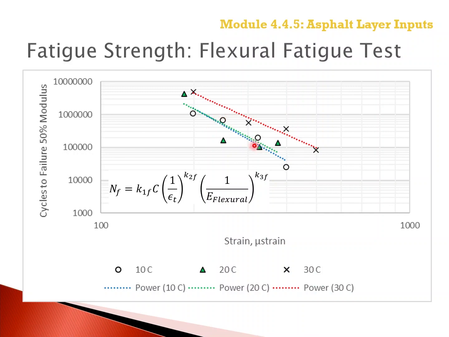This illustrates the amount of variability of the fatigue strength test. The test is highly dependent on the sample preparation and any defects introduced into the beam specimen itself. So variability is very high for the fatigue strength test, or AASHTO T321.